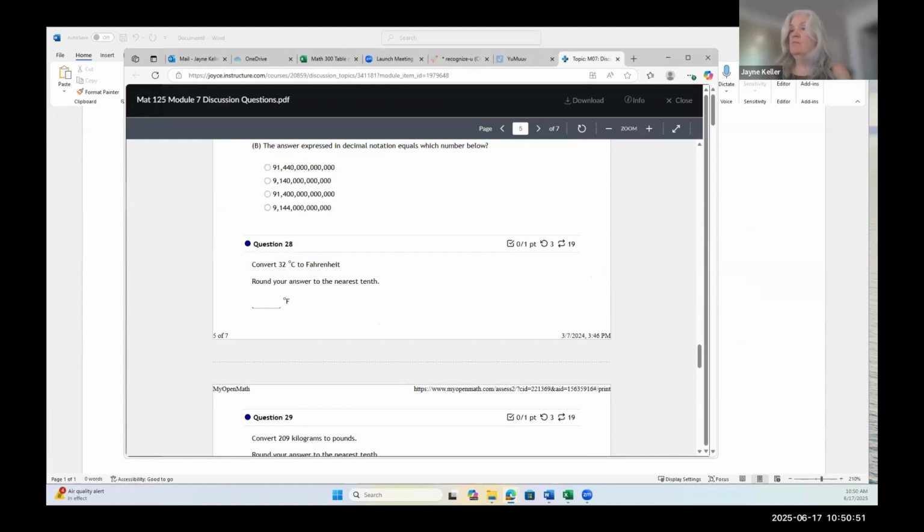Oh, I like this one. Convert 32 degrees Celsius to Fahrenheit. Okay, so remember we have those two versions of the formula, and since I want to convert to Fahrenheit, I'm going to use the one that has an F over here because then I can replace the C. Okay.